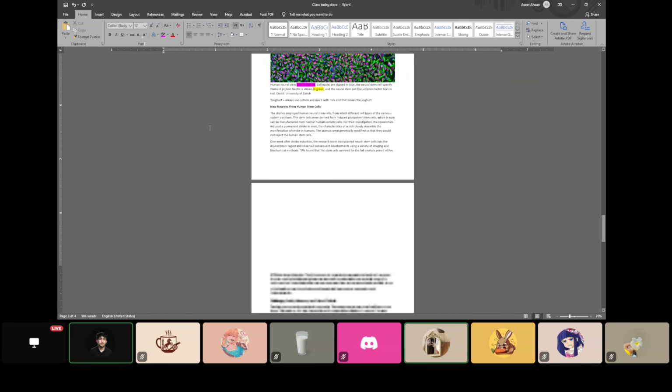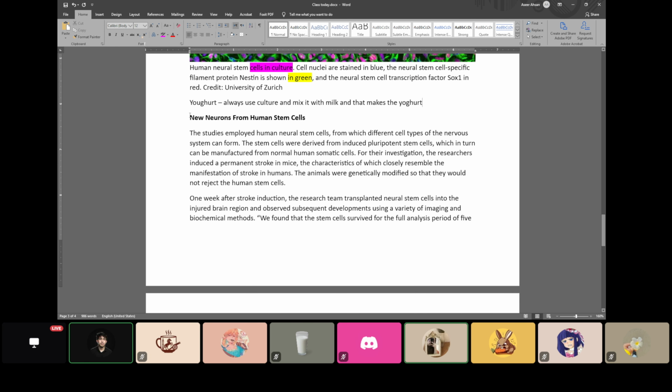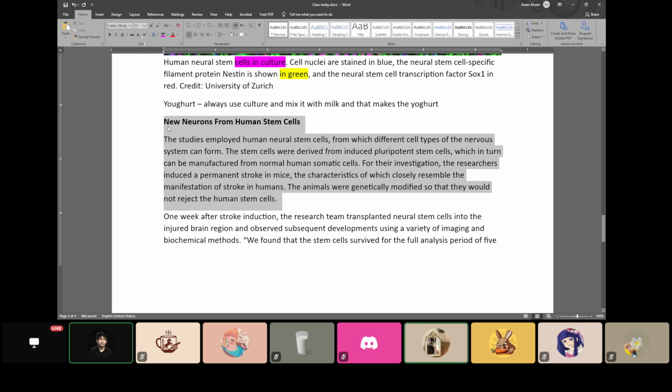Okay, students, please start reading from this paragraph until this. New neurons from human stem cells. The studies employed human neural stem cells, from which different cell types of the nervous system can form. The stem cells were derived from induced pluripotent stem cells, which in turn can be manufactured from normal human somatic cells.